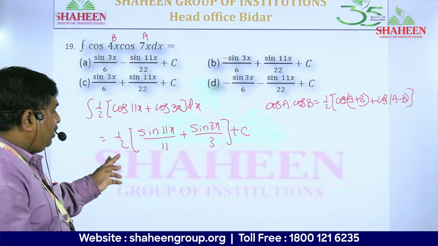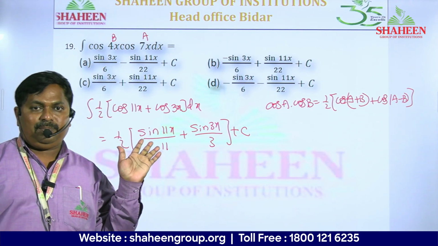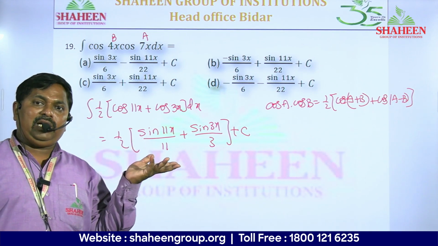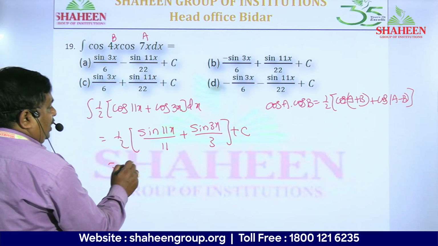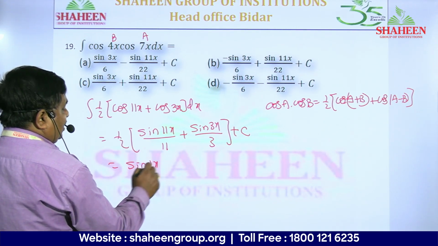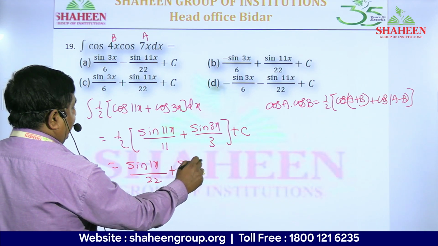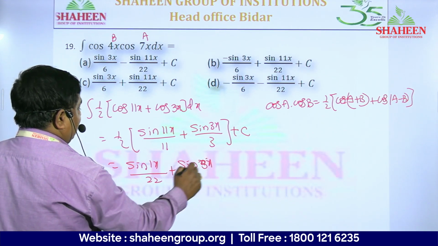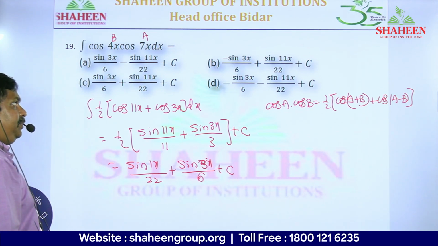Now there is no 1 by 2 common outside the bracket, so I'm multiplying 1 by 2 inside. So this becomes sin 11x divided by 22 plus sin 3x divided by 6 plus c.